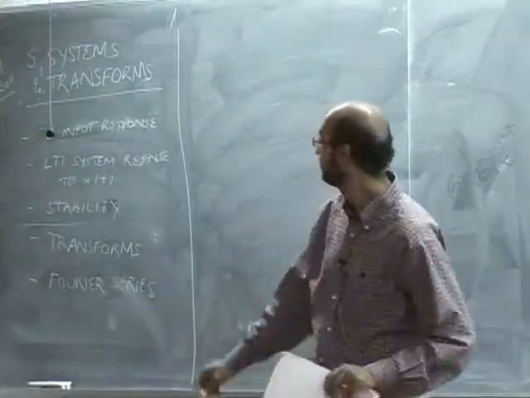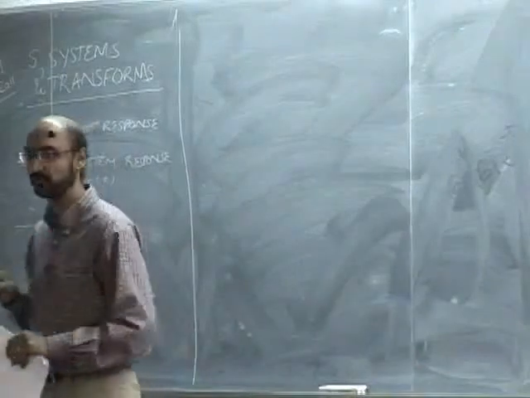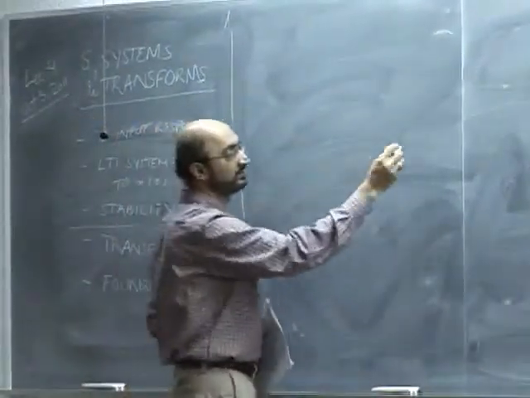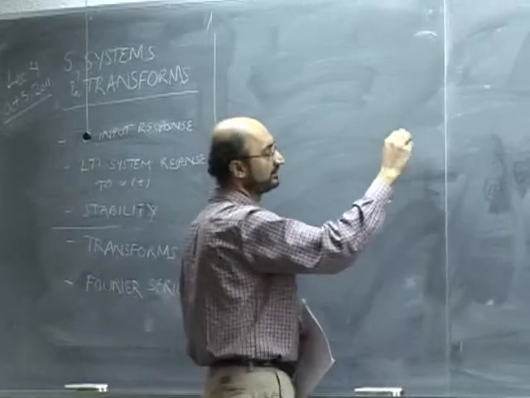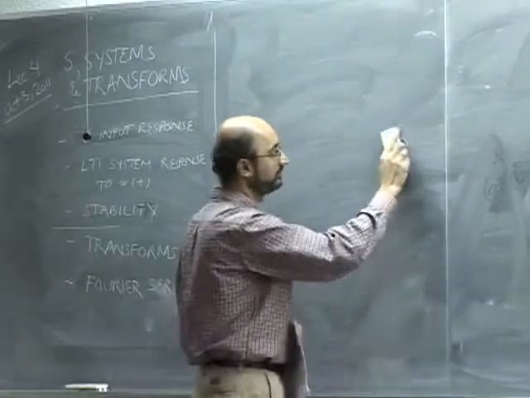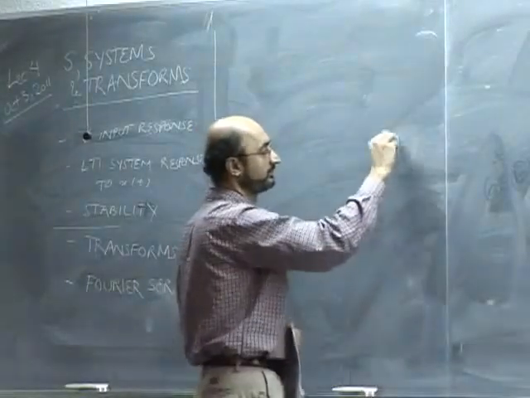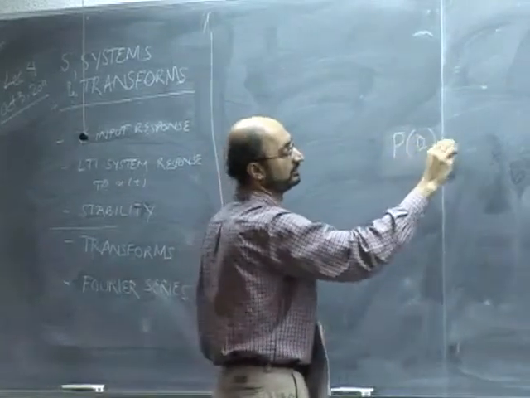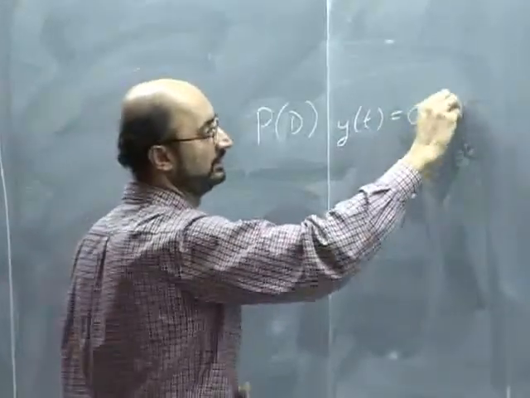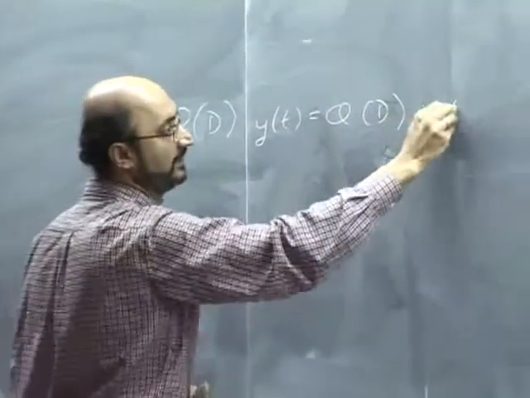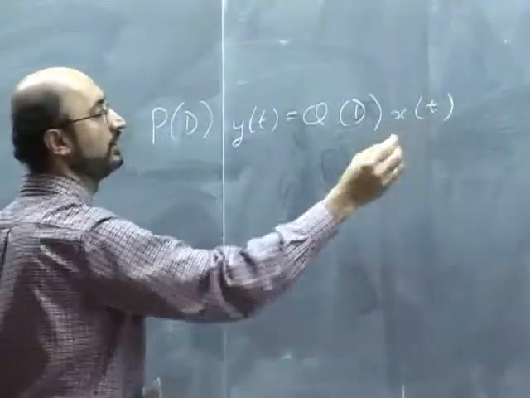Okay, so let me start with the zero input response. So we have some arbitrary function, and using the functional notation, we can represent this essentially in the form P(D) y(t) equals Q(D) x(t), where P and Q are polynomials in D, where D is the differentiation operator.